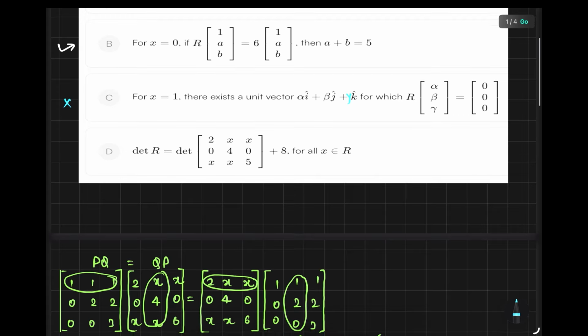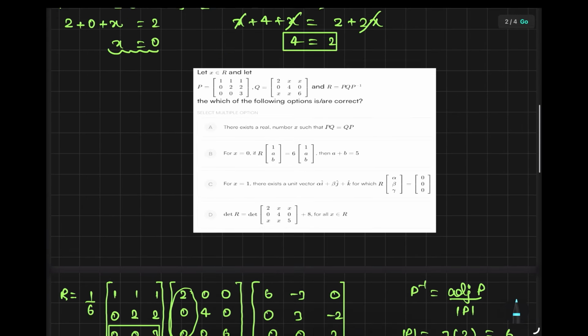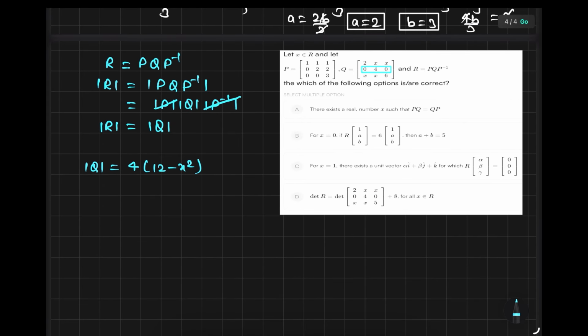Now we have to find out the determinant of this thing. Correct? So D, we have already solved this thing. I'll go with D. So determinant of R, we will open this along this row. So it is 4 times 10 minus x square plus 8.